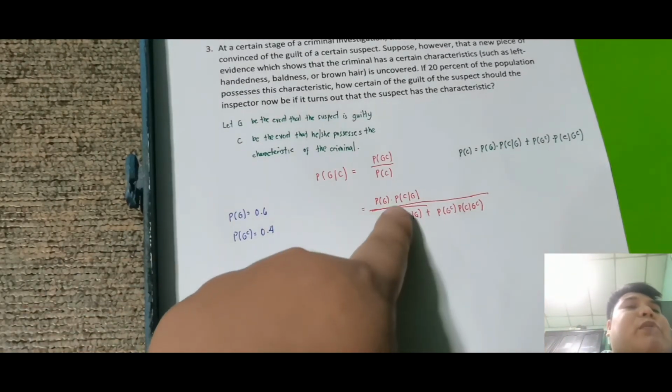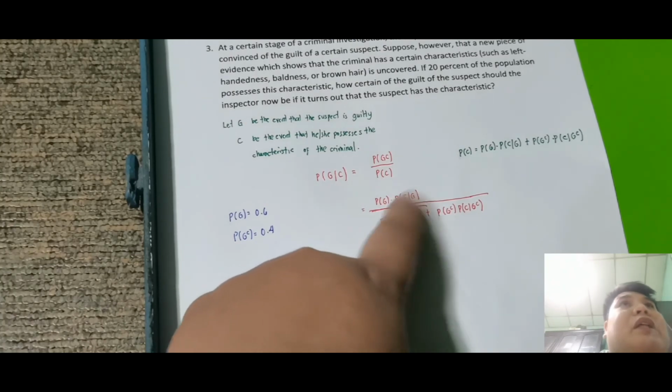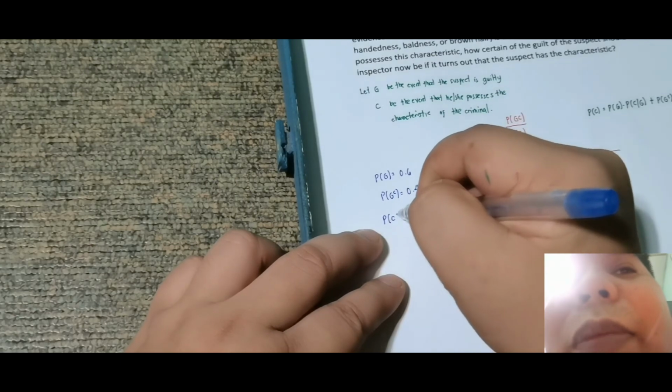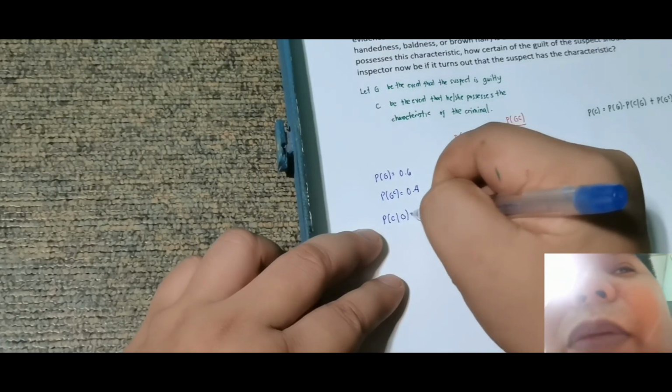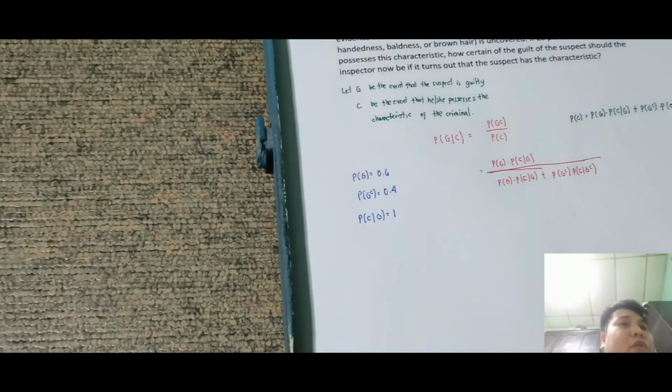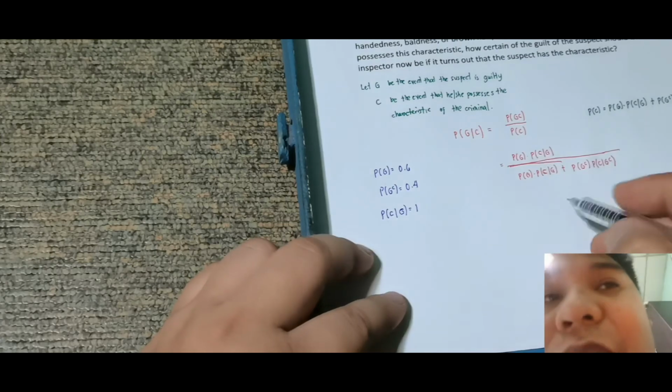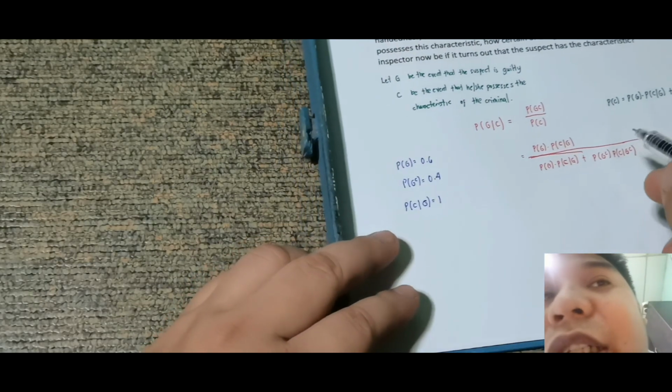Next, ano yung probability na ikaw ay criminal given na guilty ka? Syempre, that is 1. Obvious yun, no? 1 yun, syempre sure tayo doon. Ano pa yung kailangan? Ano yung probability ng C given G complement?